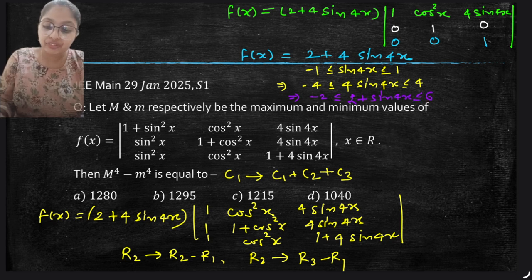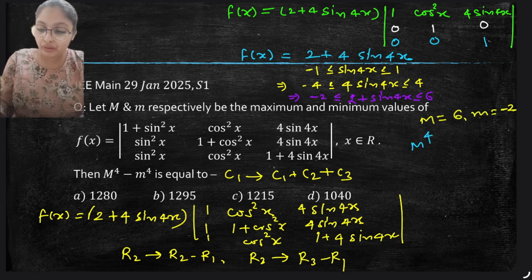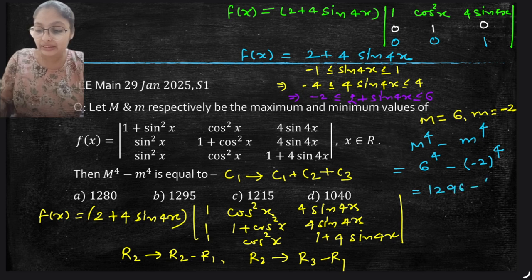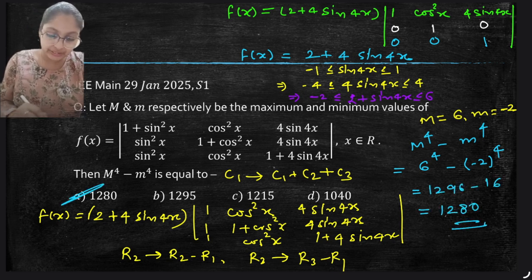So basically from here we'll get that the maximum value, capital M, will be 6 and the small m will be minus 2. They are asking M to the power 4 minus small m to the power 4. Basically 6 power 4 minus 2 power 4. So basically we'll get 1296 minus 16, that will be 1280. So option A will be the correct one.